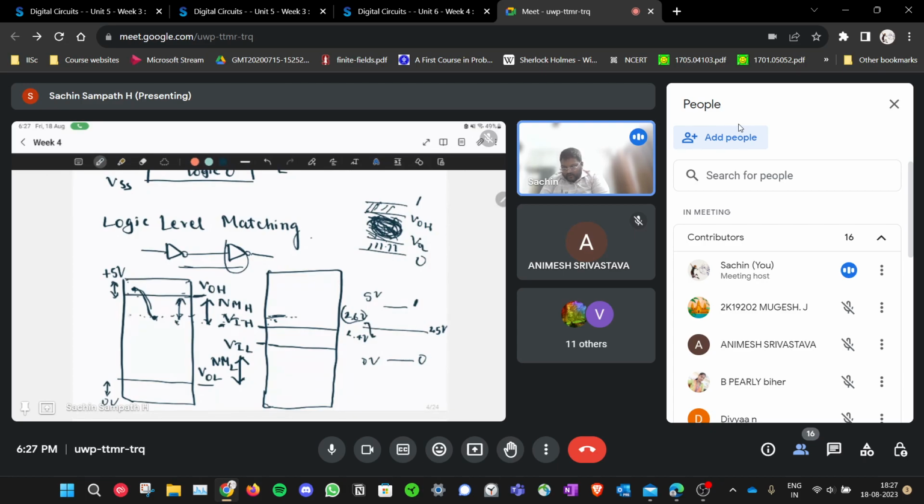So you get a kind of leeway where even if this amount of voltage, the difference VOH minus VIH, of noise is added to your output, the next inverter will still take it as output high, so there won't be any errors. That's the concept of noise margin.